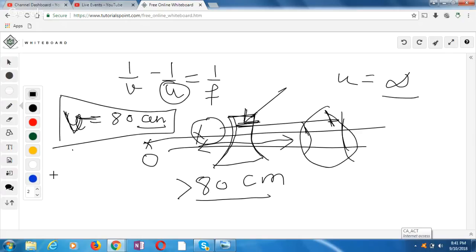So I am keeping the value 1 divided by V is minus 80, because it is getting formed opposite to the direction of the ray, divided by 1 by infinite is equal to 1 by F. Now what happens?